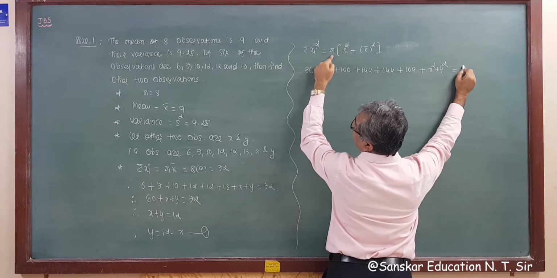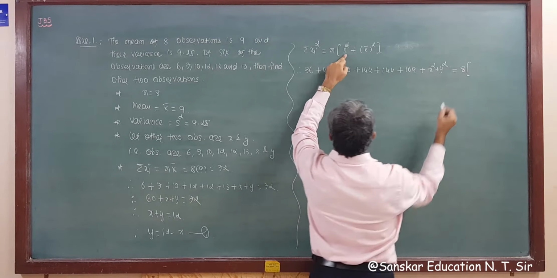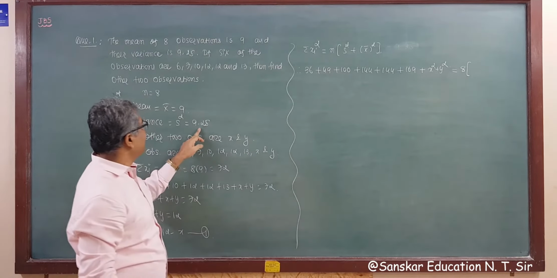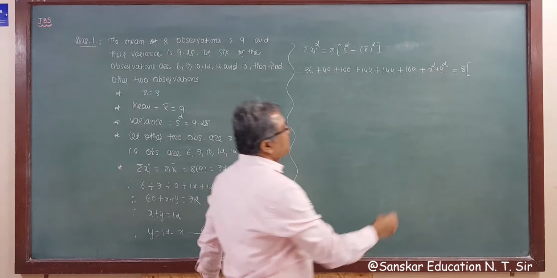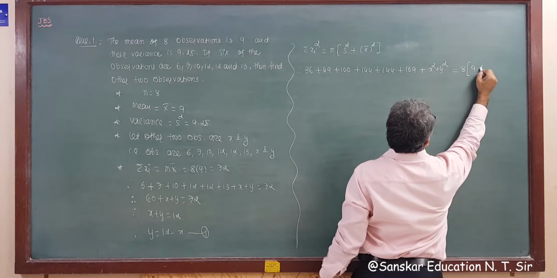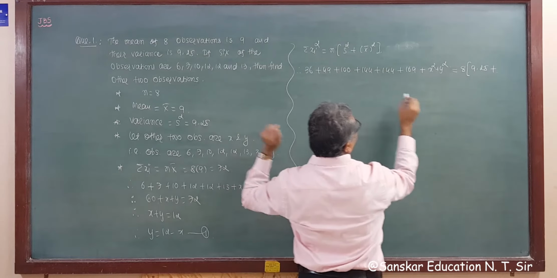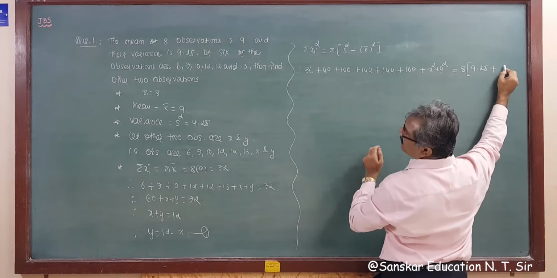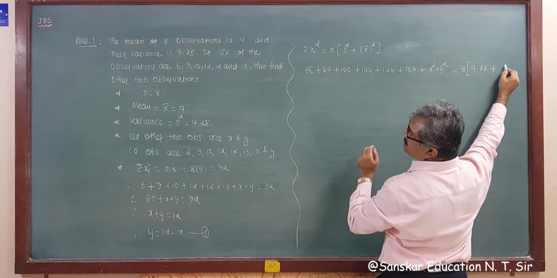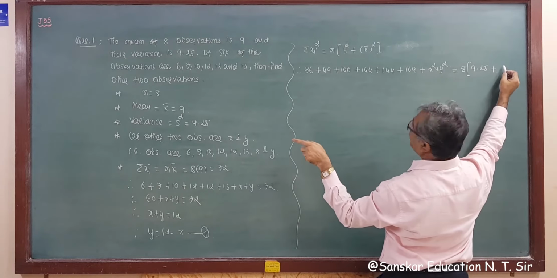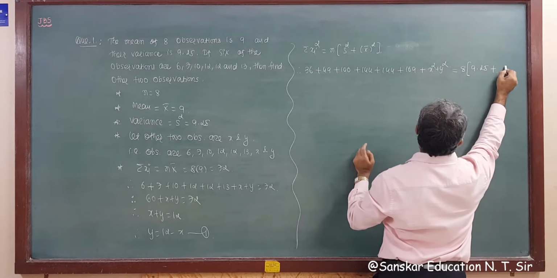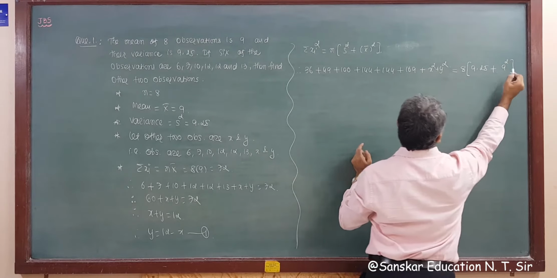N is 8, right? S square, variance is 9.25, plus mean square, mean is 9, so 9 square. This is your answer.